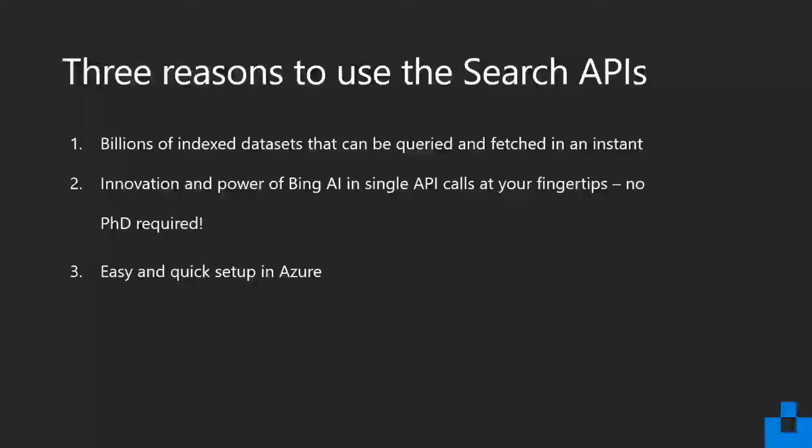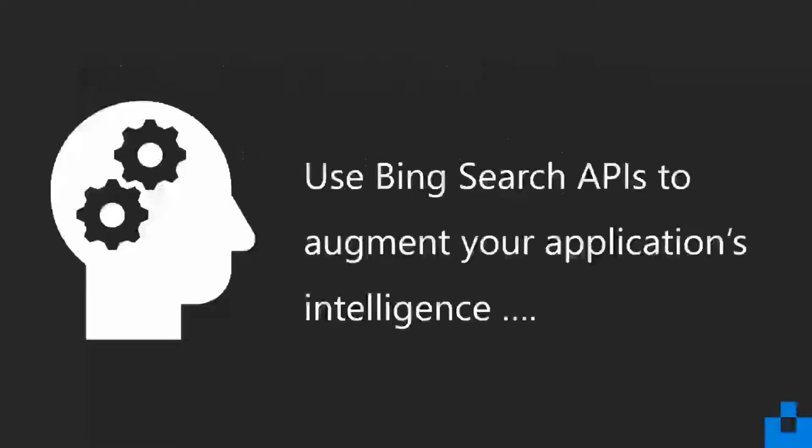More often than not, you only need to make one single API call, pass in your parameters, and then get the data back. There's billions of indexed data sets out there on the web that are available for you to grab, and using the power of Bing, you can consume those data sets in one API call. Another good thing is that it's easy to provision these services in the cloud through Microsoft's Azure portal.